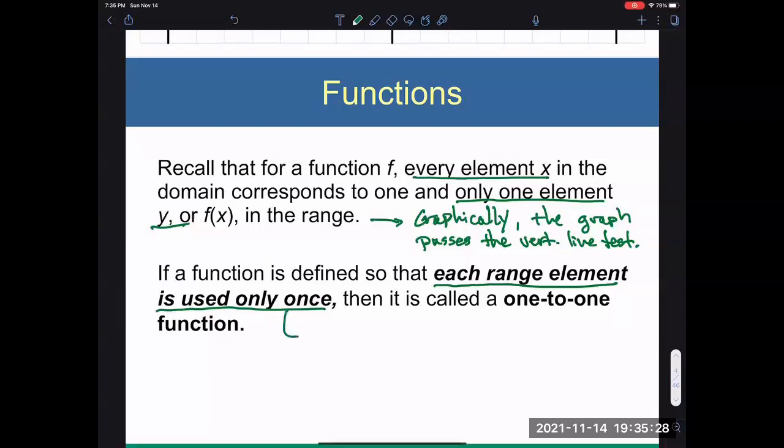So what this means is that the graph passes the horizontal line test. If a graph passes a horizontal line test, meaning every horizontal line only hits the graph once, then we call this a one-to-one function. And one-to-one functions have an inverse function.